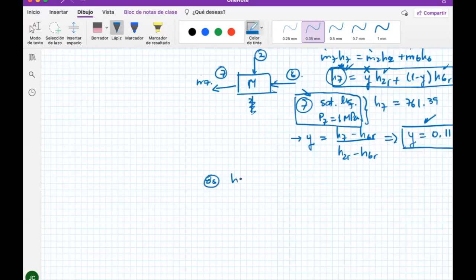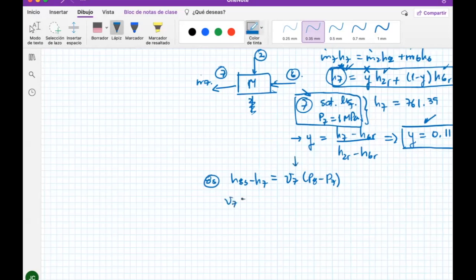So H8s for the isentropic part is going to be like this: v7 times (P8 minus P7). So this is the isentropic part. You don't have this one, so you need to get it.